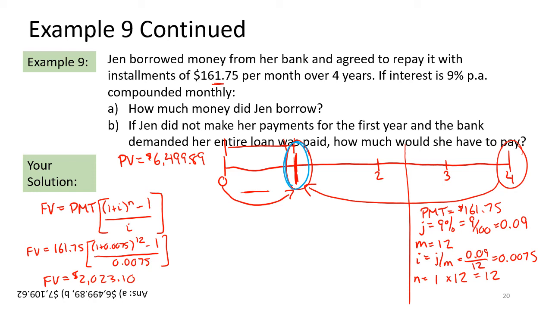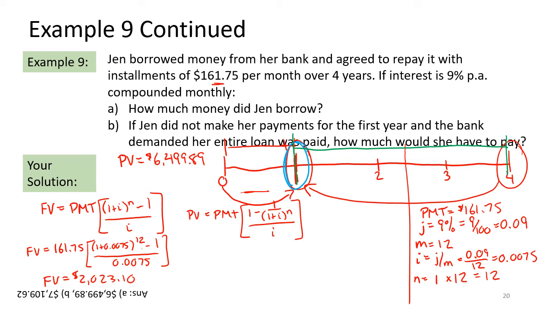So we found the future value to figure out, of that piece of her loan she hasn't paid, how much is it worth at year 1. The second piece is the same as what we did in part A. We need to find the present value, except this time we're finding it at year 1. So now we have a condensed time period of only 3 years. For that we need our present value formula, which is our payment times 1 minus 1 over 1 plus the periodic interest rate to the exponent n, divided by the periodic interest rate.